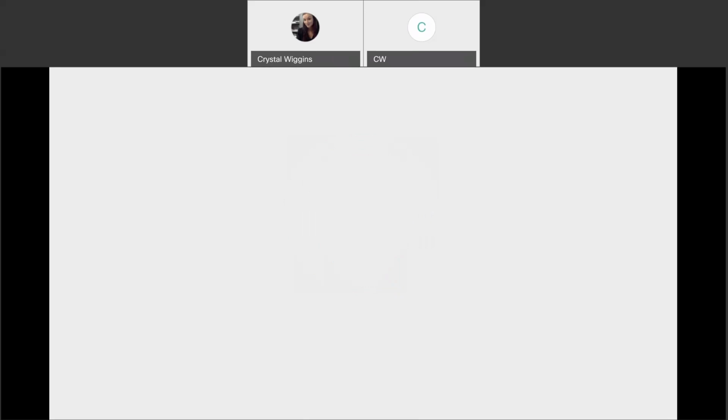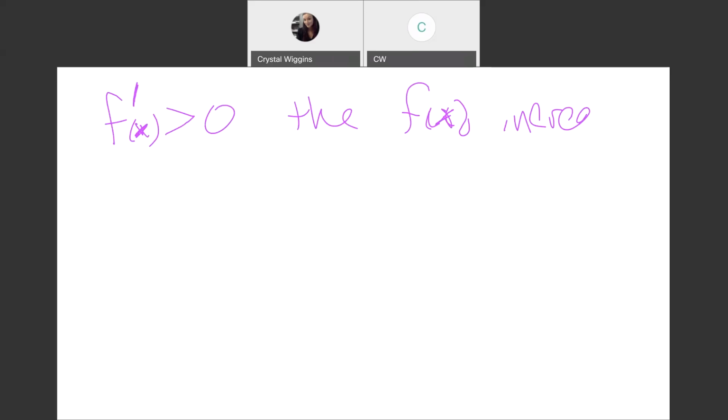All right, so whiteboard. If you recall, if the first derivative is positive, bigger than zero, then the original function f of x was increasing. Again, sorry for how messy my handwriting is going to be.